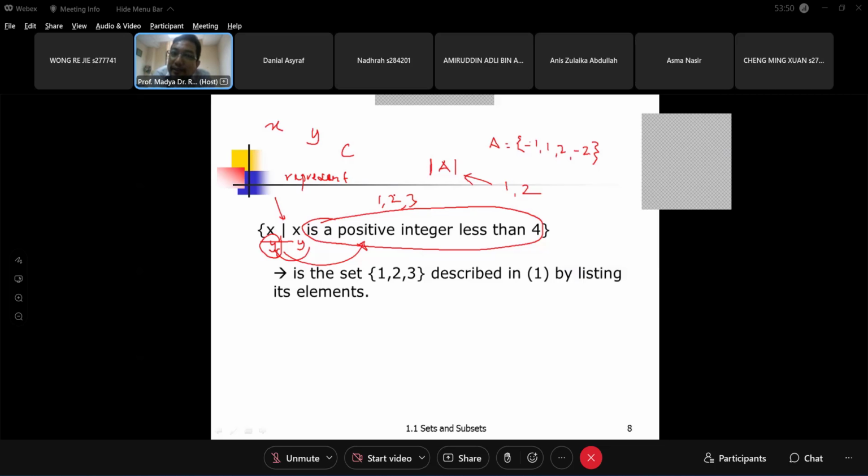Okay, later once we move to chapter 2 and chapter 3, you will see how this kind of notation is used, because in chapter 2 we talk about logic. Then you will see what is meant by this description, for example what is meant by positive and integer, and how we justify whether it is true or false.